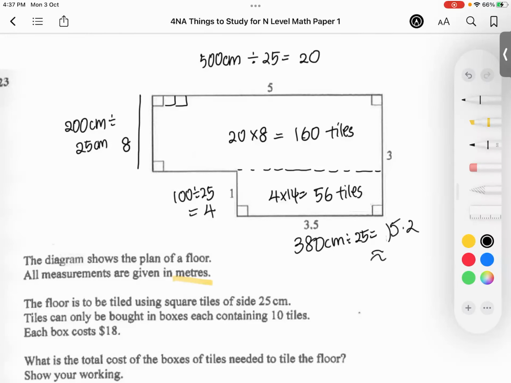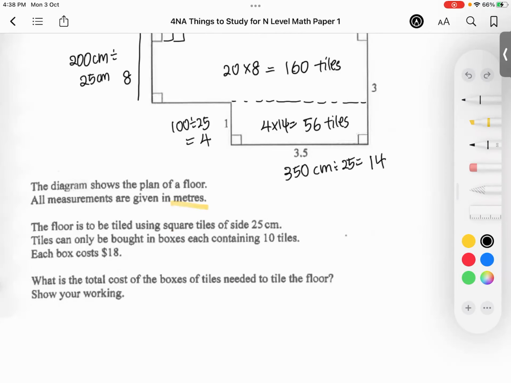Then I need to round up, for the extra that I can cut off and then throw away. So that means if the number is not an exact number, I need to round up. Okay, but in this case, luckily, this is an exact number, so it's just 14 tiles that I can multiply exactly.